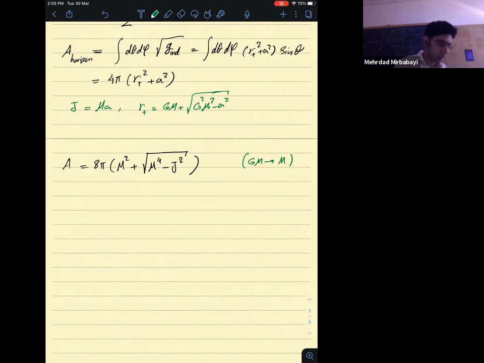What about the angular momentum? So angular momentum has a dimension of mass times length times velocity. Velocity is dimensionless because we have set c to 1 once and for all. So angular momentum has dimension of mass times length. Here what we really need is the dimension of length squared.